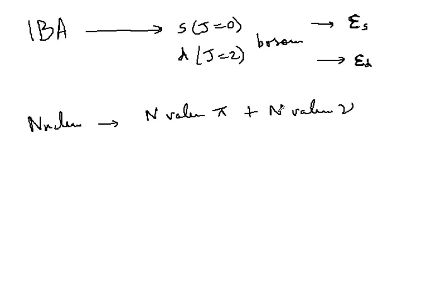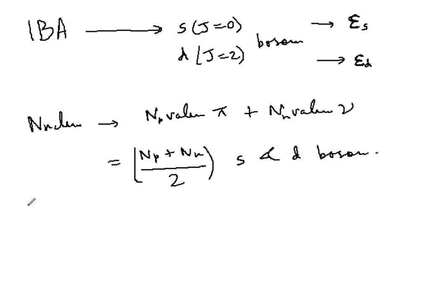Here each proton and neutron has been counted to the nearest closed shell. So this will have basically how much? It will have basically NP plus NN. So this is NP, say, and this is NN. So we will have NP plus NN by 2 S and D bosons.